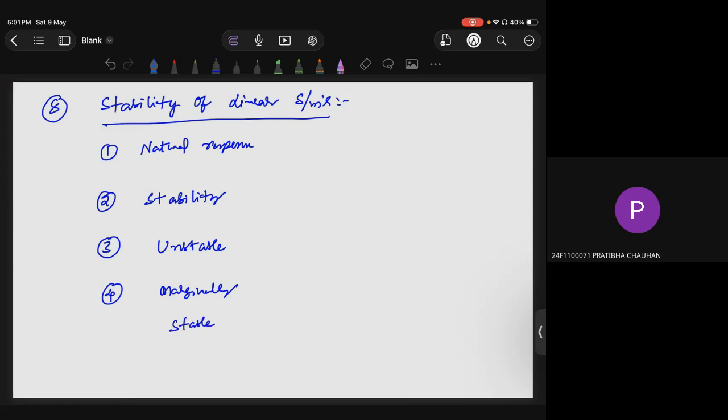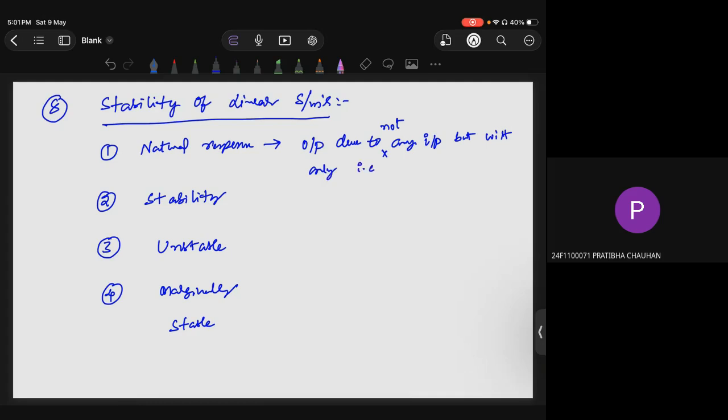Basically, the natural response is nothing but the output due to not any input, but with only initial conditions.